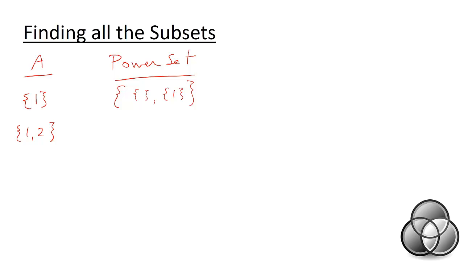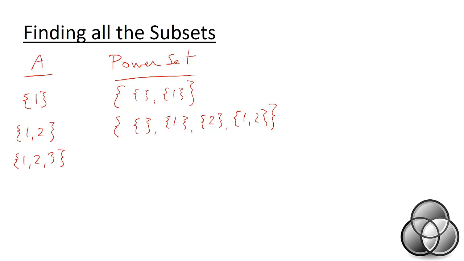Take a moment to try to find the power set of the set 1, 2. Here, our power set's going to contain 4 subsets. The empty set, the subset containing just the number 1, the subset containing just the number 2, and the subset containing all of the elements.